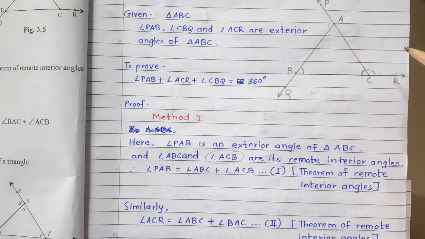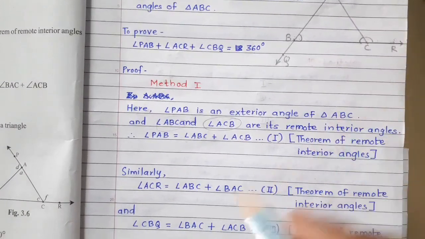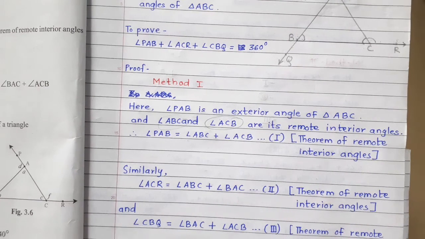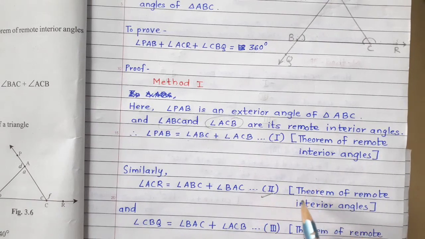So by the theorem of remote interior angles, we can write angle ACR is equal to angle ABC plus angle BAC. Give this as equation number 2, and the reason is the theorem of remote interior angles.